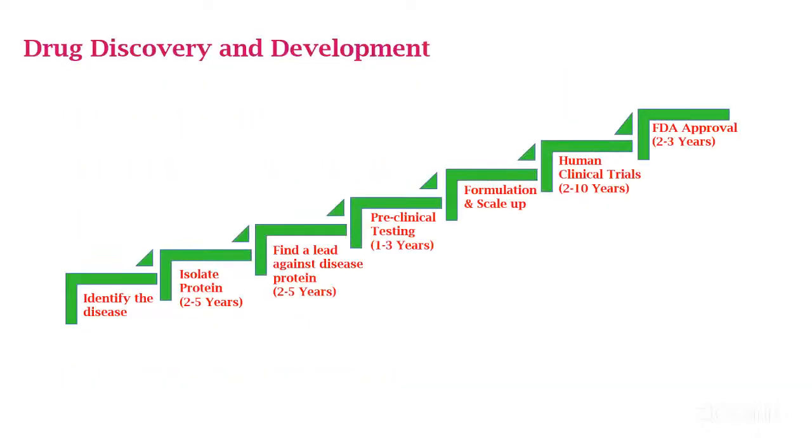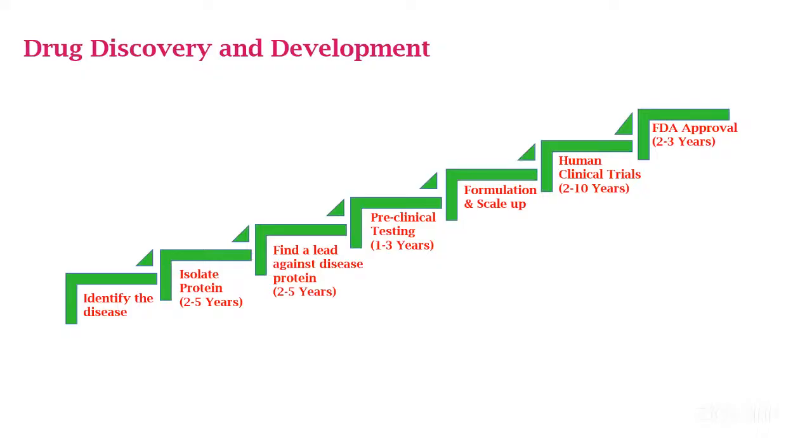As I said, it reduces the time and also the experimental cost, because drug discovery and development involves different steps: identify the disease, then isolate the protein from the microorganism that causes that particular disease, then find the lead compound against that protein present in that microorganism.